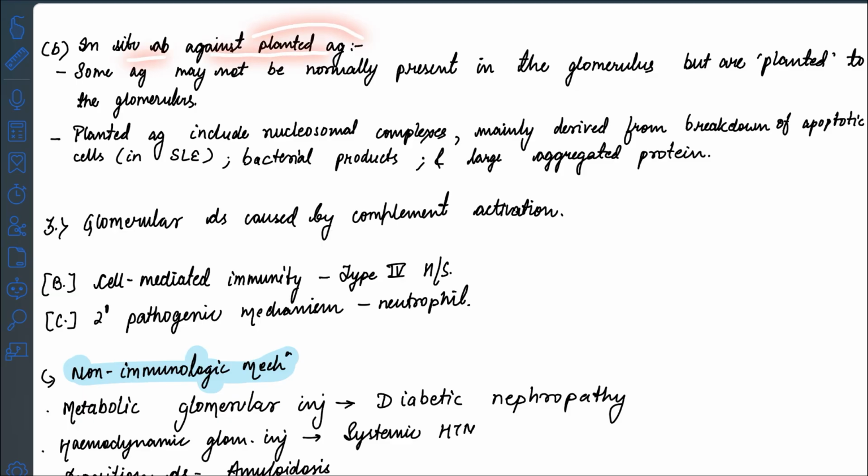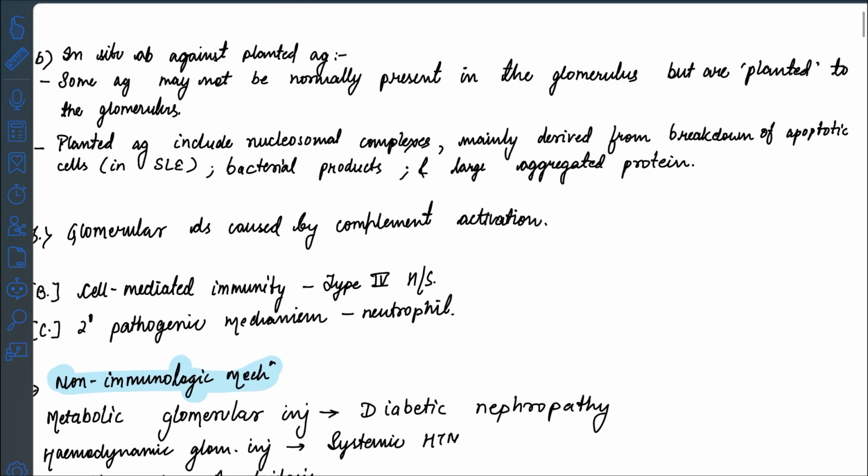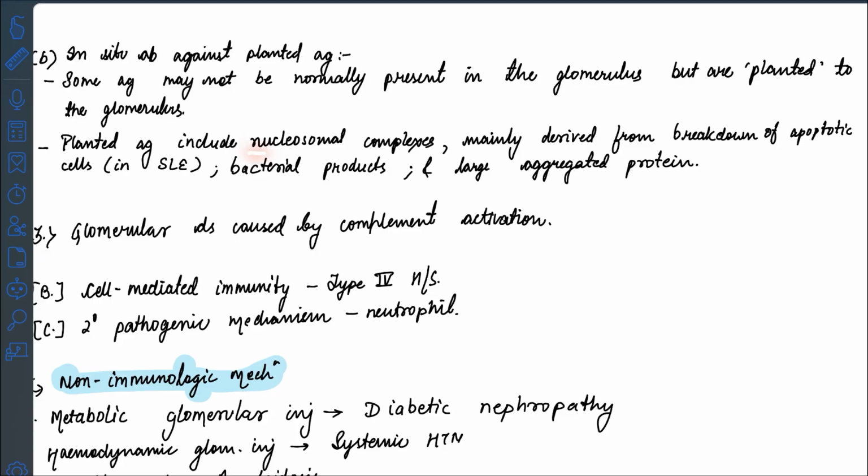The second reason, it can be in situ antibody which is against planted antigen. Some antigens may not be normally present in the glomerulus but they are planted to the glomerulus. This planted antigen includes nucleosomal complex, which is mainly derived from breakdown of apoptotic cells, bacterial products and large aggregated protein.